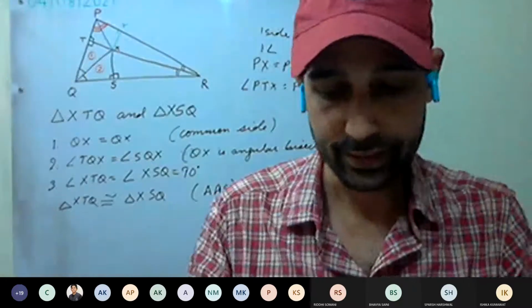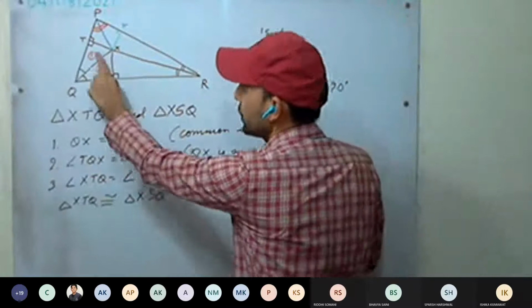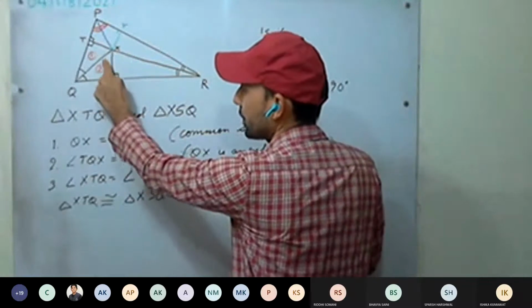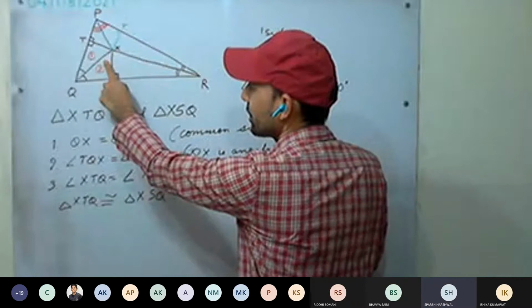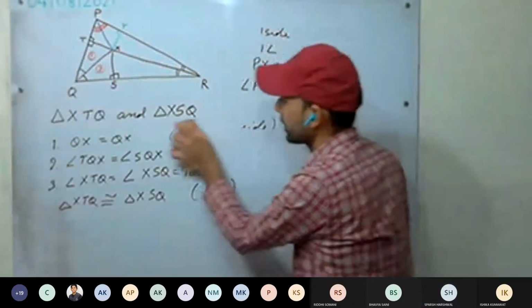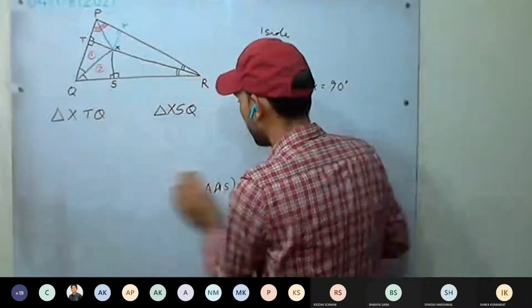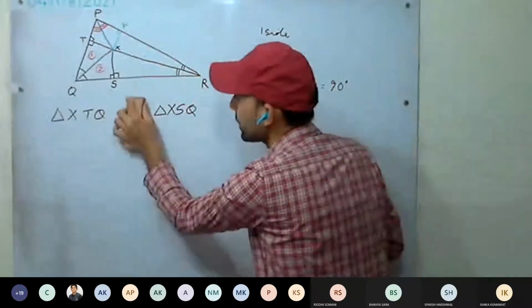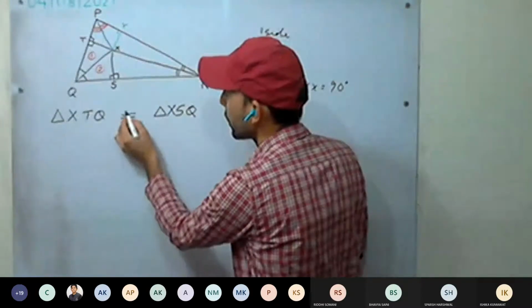Okay, so see here. This we already proved. These two triangles are congruent. We already proved. Yes. Okay, I'm rubbing this part. Sorry. These two triangles we have already proved that they are congruent.